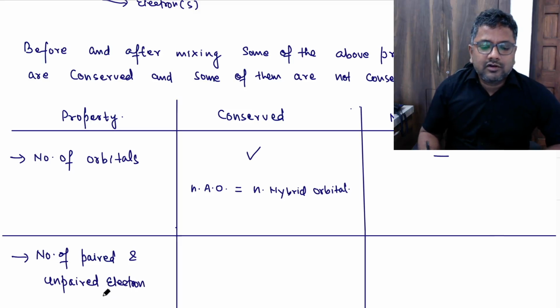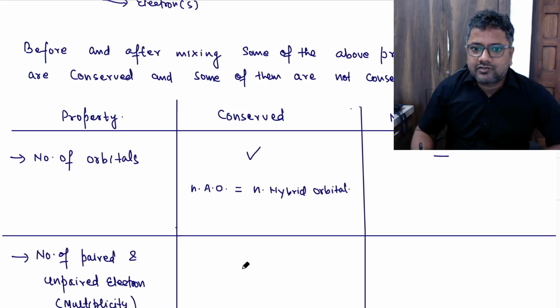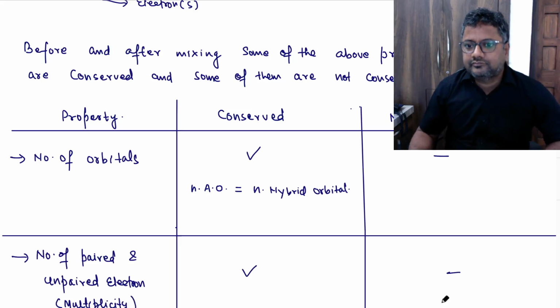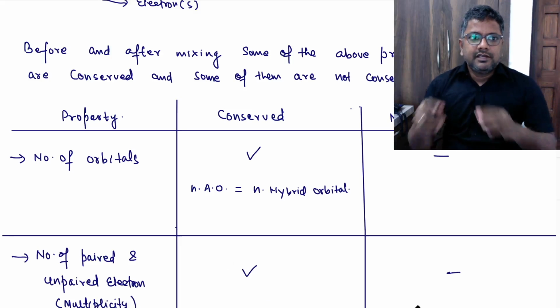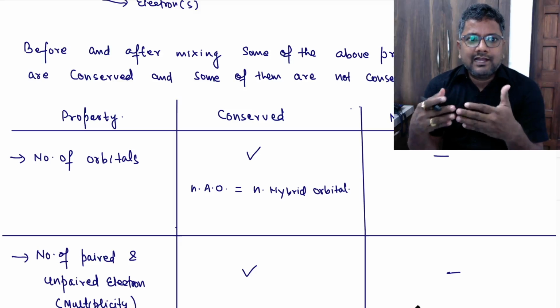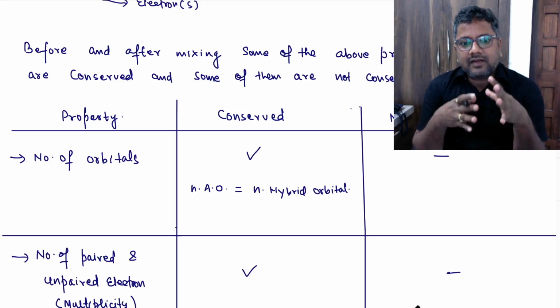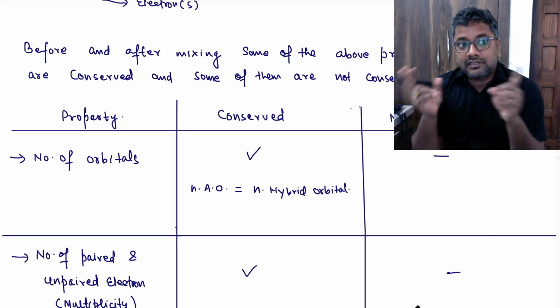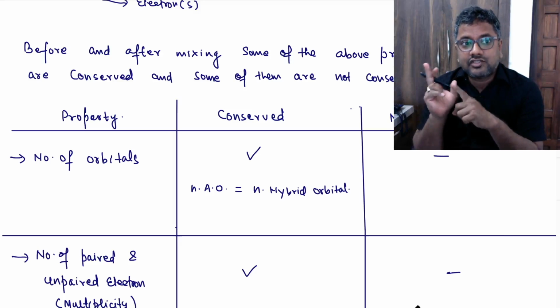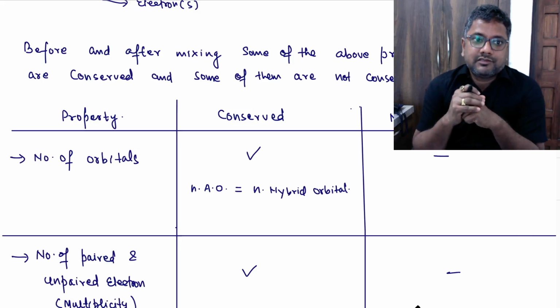In a single word, you can say multiplicity. So this is also conserved. It means if your atom has some number of unpaired electrons before mixing, then after mixing the same number of unpaired electrons should be there in the hybrid orbitals.